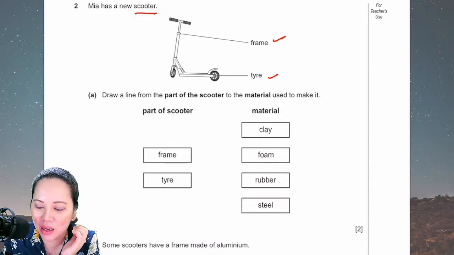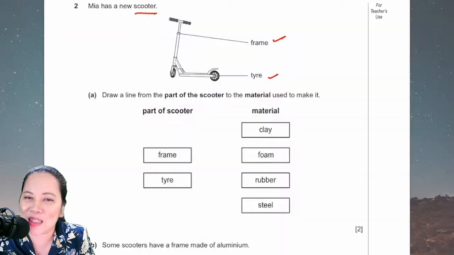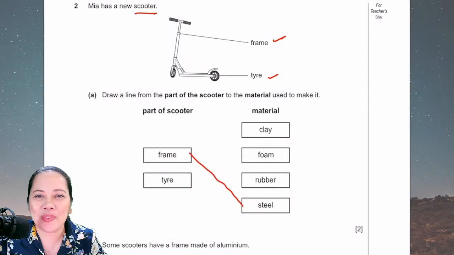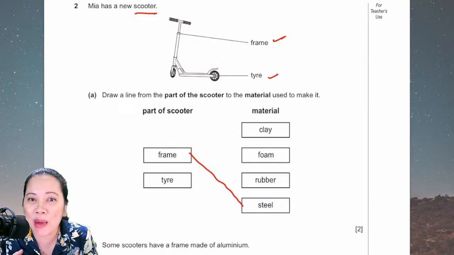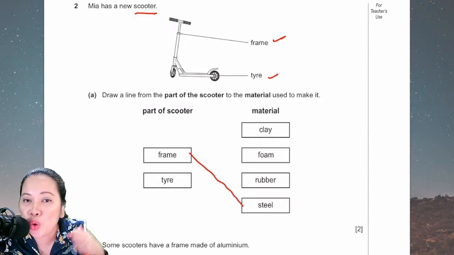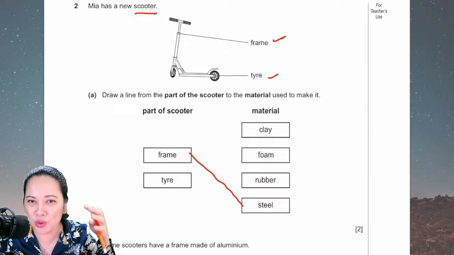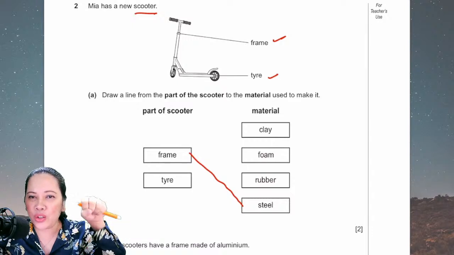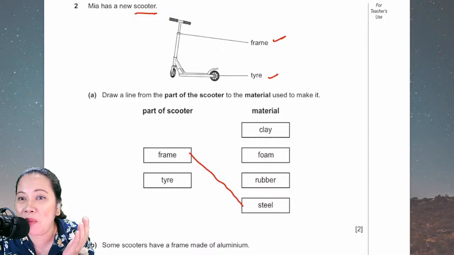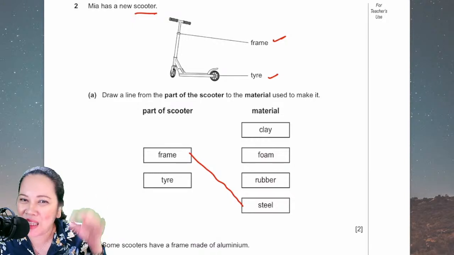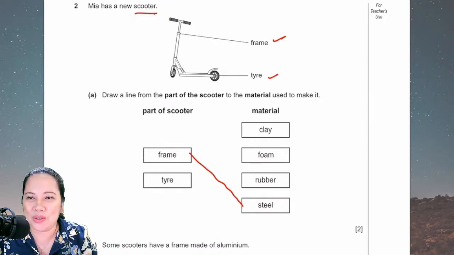Steel. Yes, that's right. That's correct. The reason being because your frame must be strong enough to hold you while you are driving. I mean, to put you in a position where your two hands are on the grip, right? So it has to be steel. You cannot make a frame out of clay or foam. Otherwise, it will just topple down.